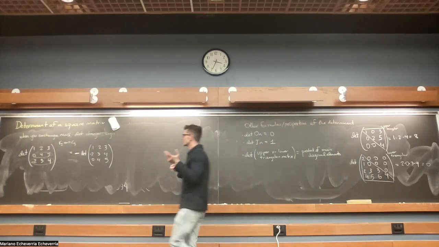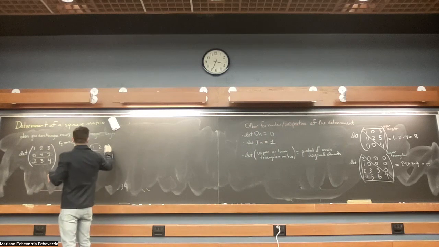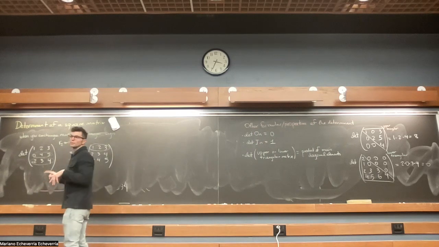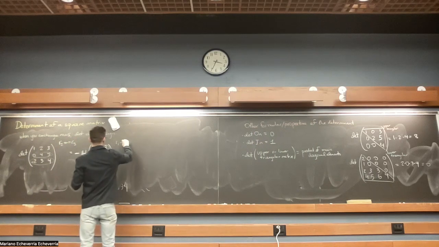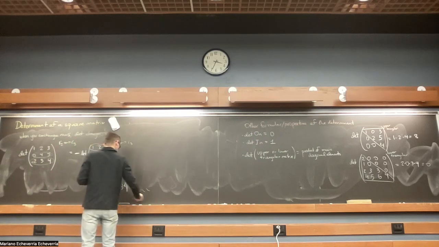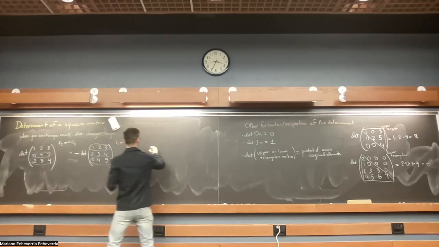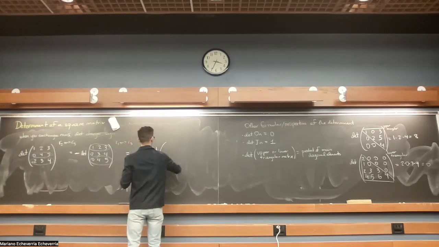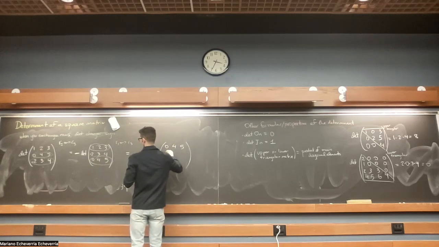For example, you could decide to exchange row 1 now with row 3 if you wanted. So let's say I wanted to exchange row 1 with row 3. So it becomes now 0, 4, 5, -2, 3, 4, 1, 2, 3.